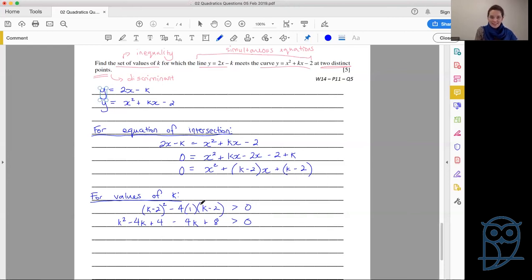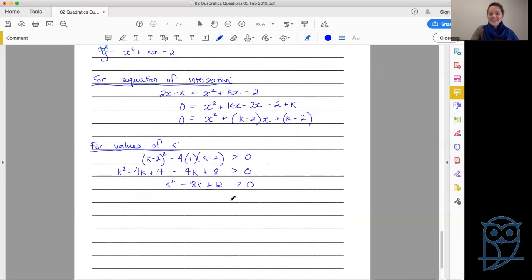Because that's not something that we're testing here. We're just assuming that you can expand brackets. If you need to do it slowly, do so, but avoid any silly mistakes. Okay, combining like terms. k squared minus 4k minus 4k, so minus 8k, plus 4 plus 8, plus 12, greater than 0. And you see it, quadratic inequality. What comes next?